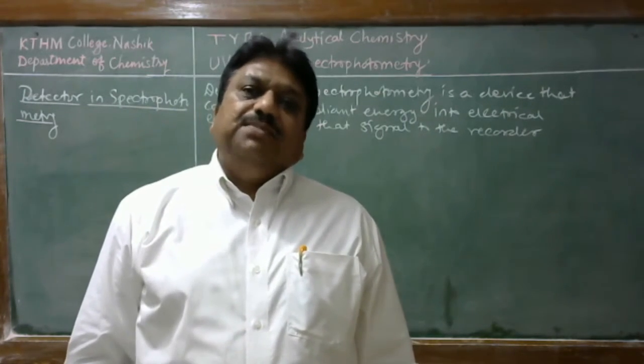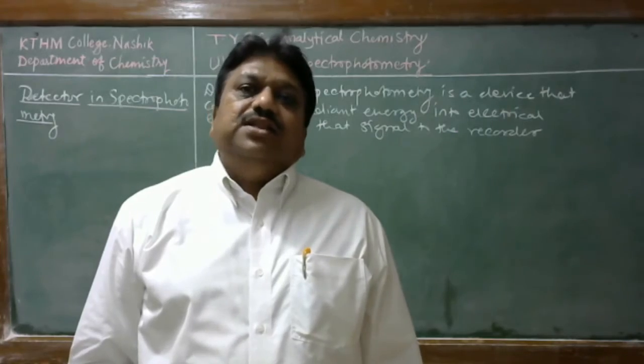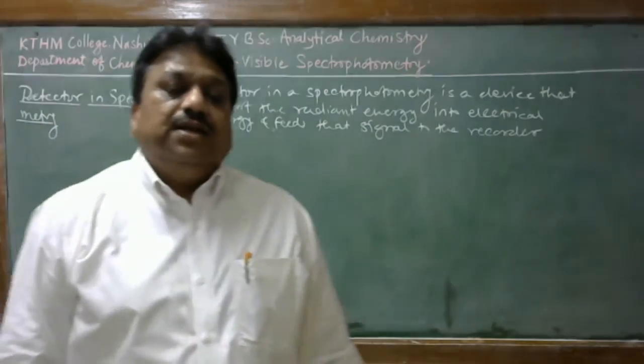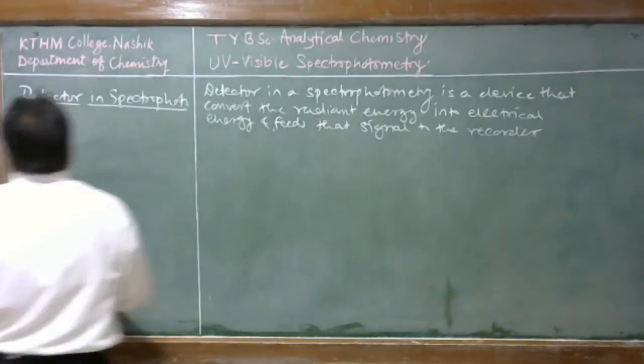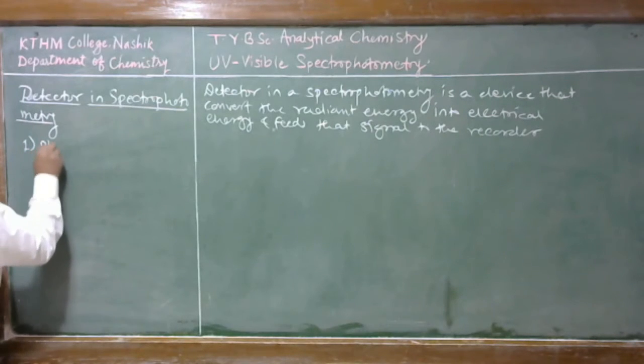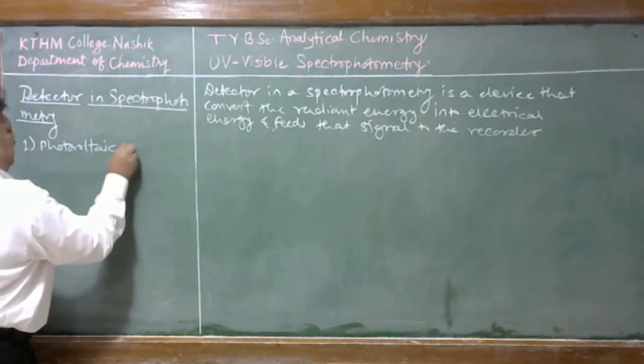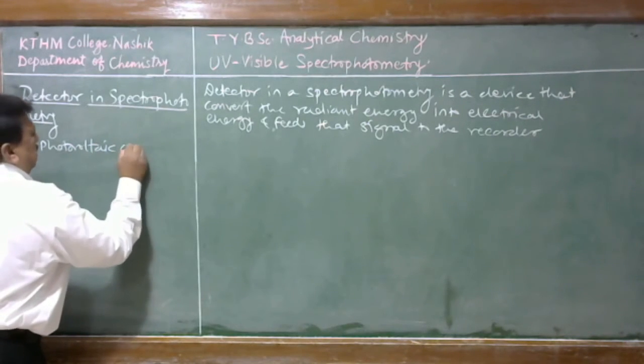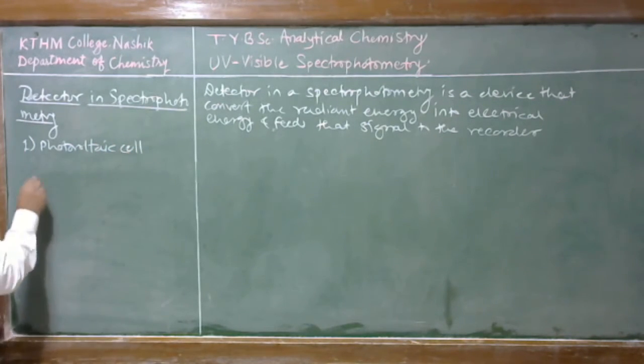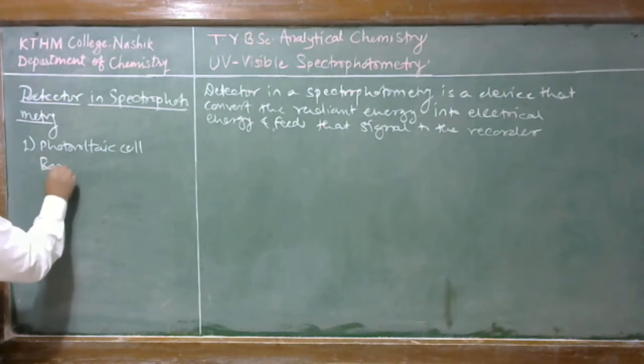Basically, there are three main types of detector in absorption spectrophotometry. Number one is called a photovoltaic cell, or a barrier layer cell.